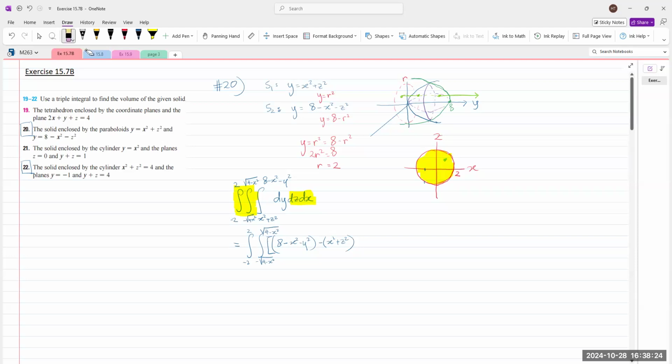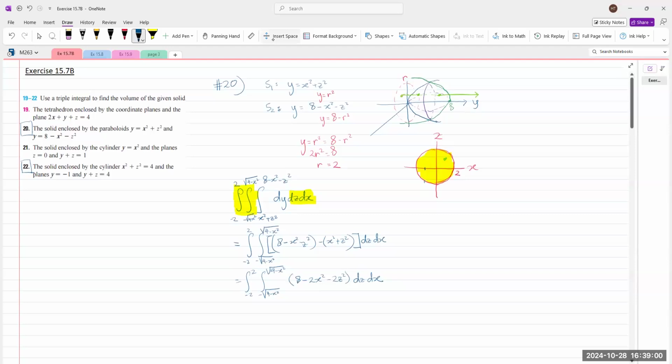It should be z here. dz dx, which will give us the integral from -2 to 2, the integral from negative square root of 4 minus x squared to square root of 4 minus x squared, 8 minus 2x squared minus 2z squared dz dx.